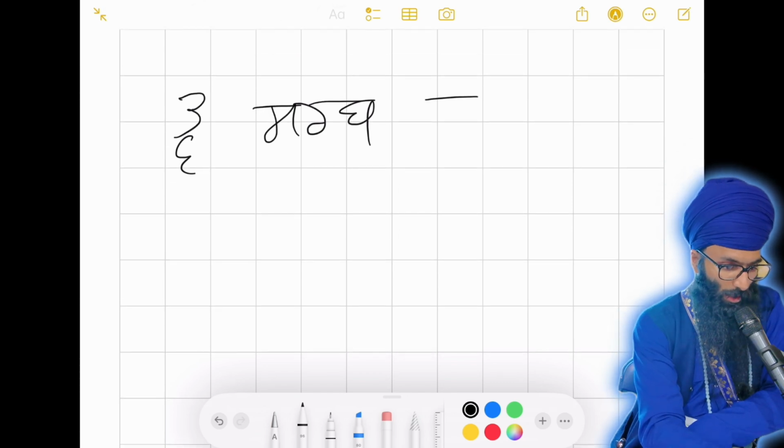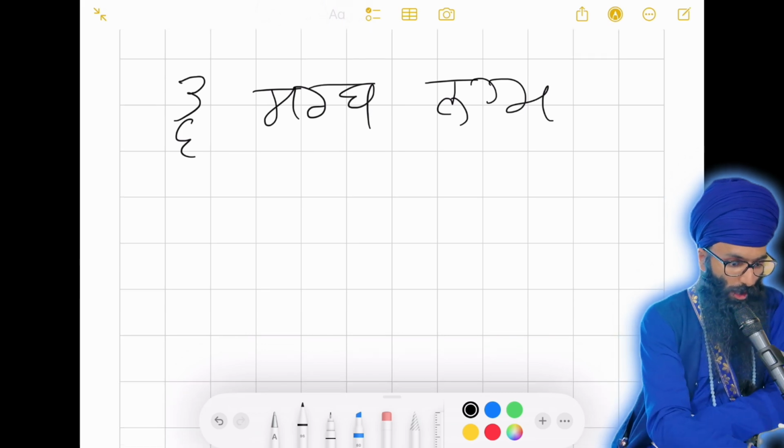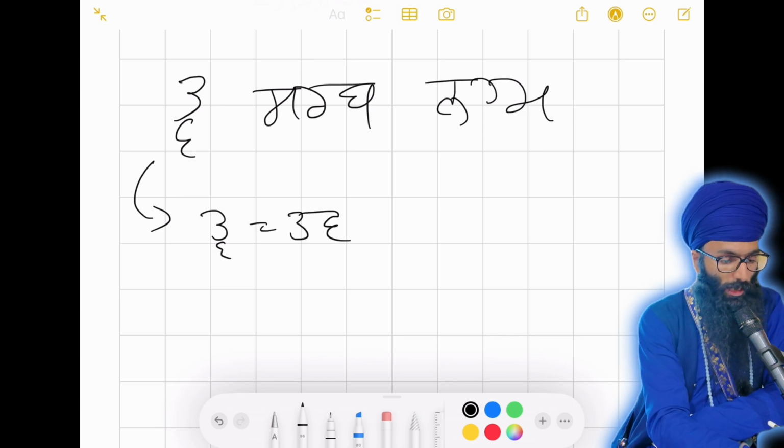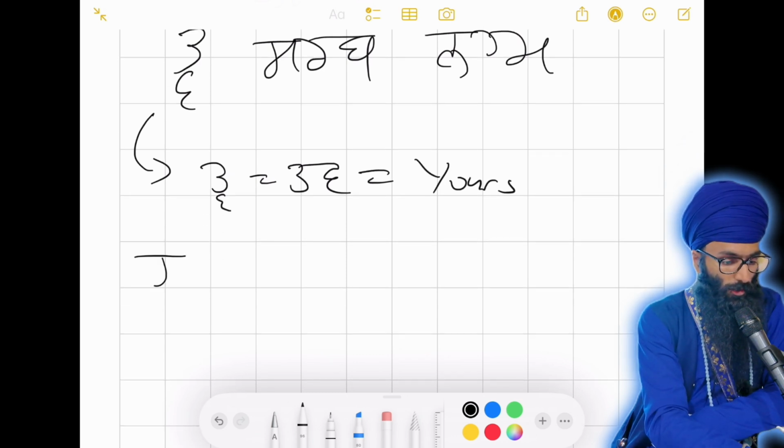To sarvanam. Okay, let's do these three first. So this word, remember, I said tatta pari baba. It comes up at dotakar. Sometimes it also comes up as a full baba in different gutki sahibs, but it means yours. Okay, what does it mean? Very good. Sarab.